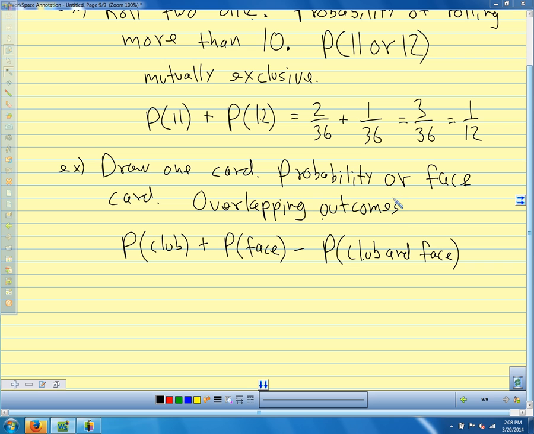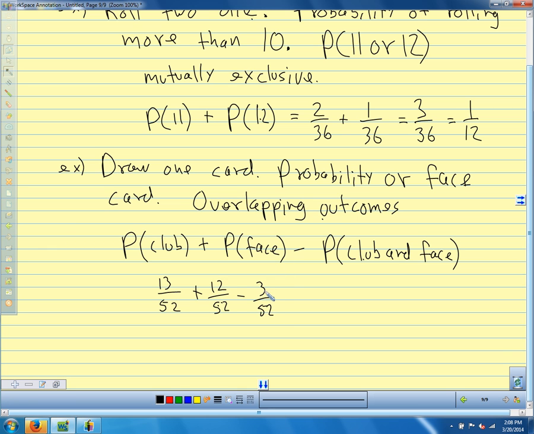So what's the probability of drawing a club? How many clubs do we have in the deck? 13 out of 52. How many face cards? King, Queen, Jack, 4 suits. So 12. So we have 12 out of 52. And how many clubs are face cards? 3.